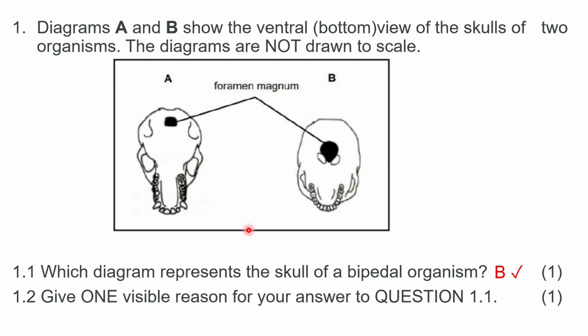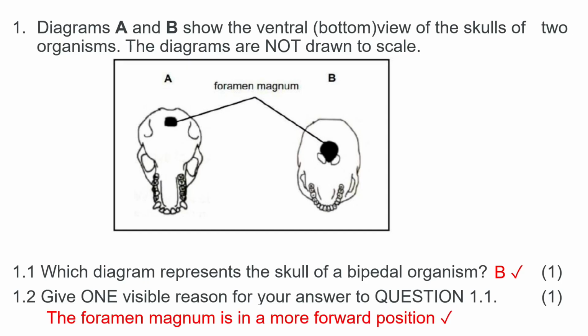A lot of times there might be more reasons, but it's not necessarily visible for you to see. So in this case, we can see that the foramen is more forward in comparison with organism A, and that's why we said that organism B is the bipedal organism. That's our visible reason: the foramen is in a more forward position, not more central, more forward.